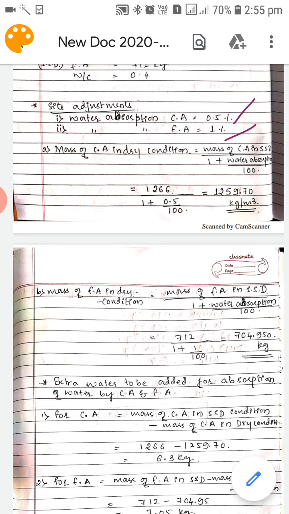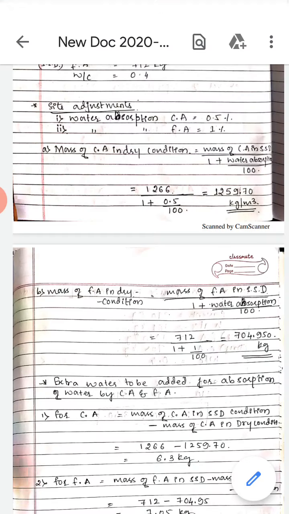To avoid the scarcity, the amount of water that is being absorbed by the aggregates should be added extra. That is what we are going to calculate here in the site adjustments.